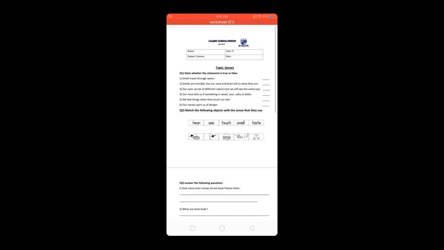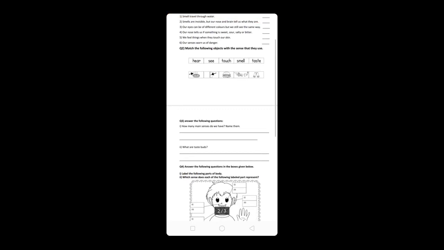Number 4. Our nose tells us if something is sweet, sour, salty, or bitter. Number 5. We feel things when they touch our skin. Number 6. Our senses warn us of danger. So I hope after attending the revision session you will be able to answer them all by yourself. So give them a try.